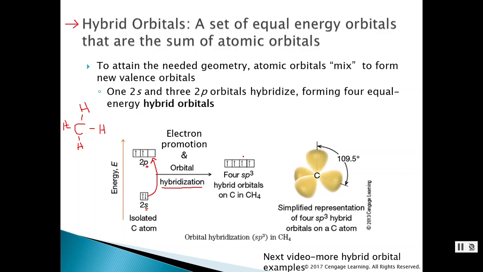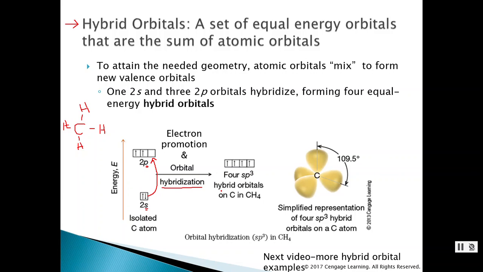So these 4 orbitals are going to have a new designation. They're going to be called sp. And since we used 3 p orbitals in this hybridization, we're going to have the superscript 3. So doing this hybridization of carbon's valence shell orbitals gives us 4 sp3 hybrid orbitals.